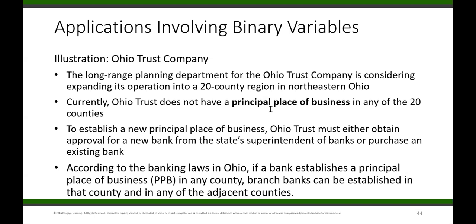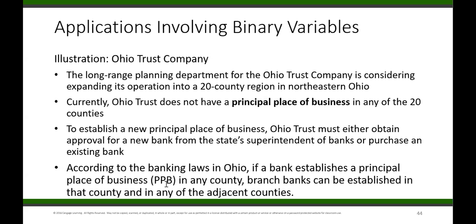According to the banking laws in Ohio, if a bank wants to work in a certain county, they have to have a principal place of business, or PPB, either in that specific county or in one of its neighbor counties.